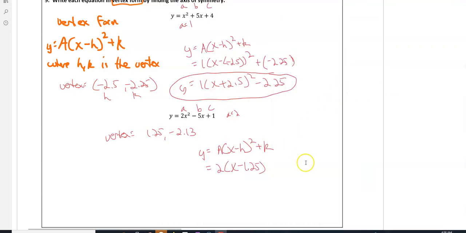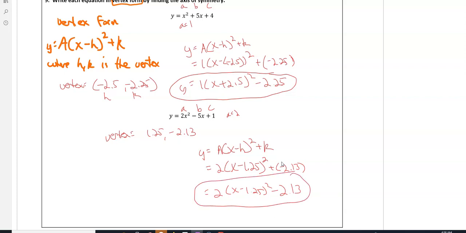Did that on purpose to see if you were checking. Squared, and then plus k, which is plus negative 2.13. So your final answer is 2 times x minus 1.25 squared minus 2.13, and that would be my final answer in vertex form. So that is number 9 on your review.